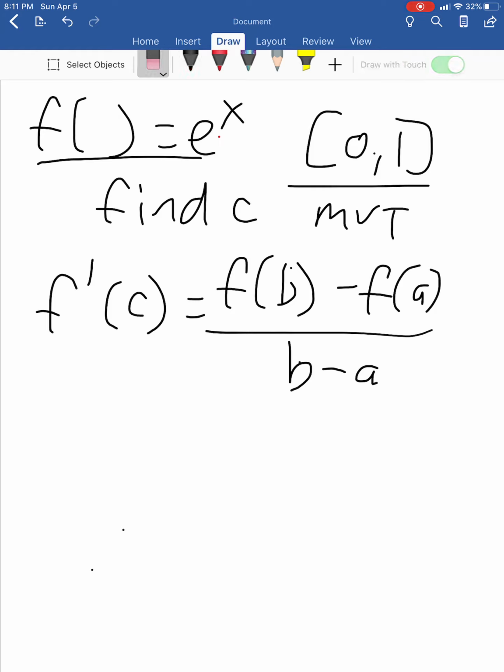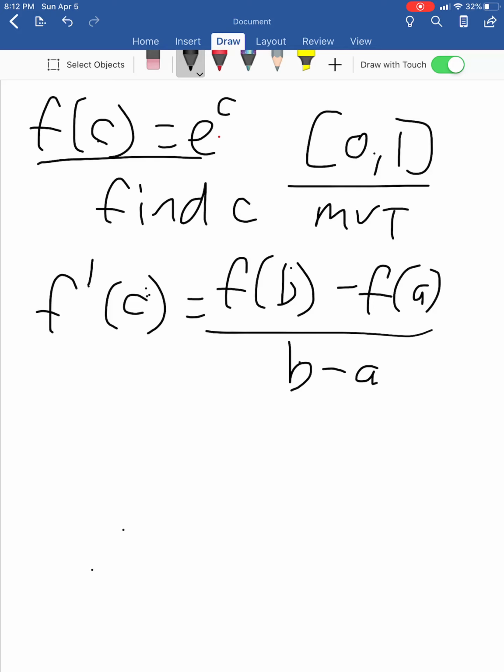And if I don't erase too much here, that was f of x equals e to the x. We want the derivative at C, which is just another, I mean, it doesn't matter. You could leave it x. We could call this x. It makes no difference, just whatever you're comfortable with. But that's the theorem as you'd see it in a textbook, in other words.